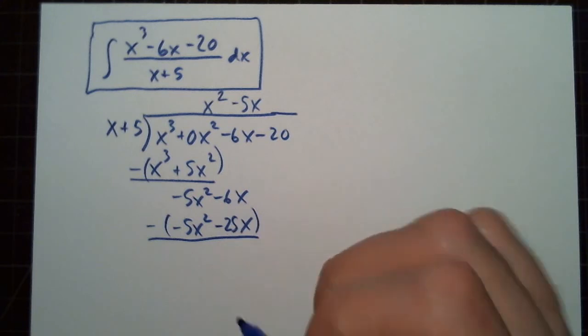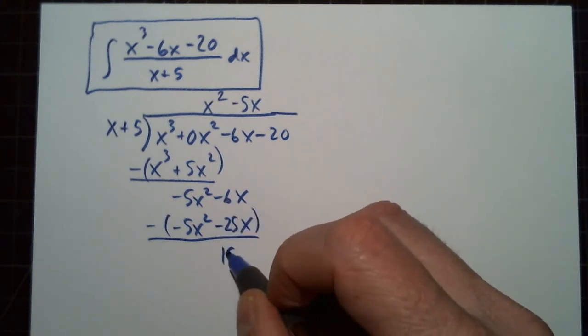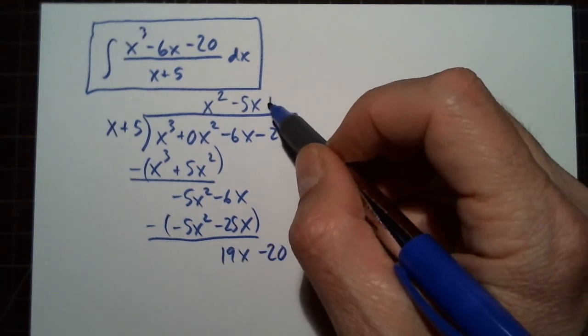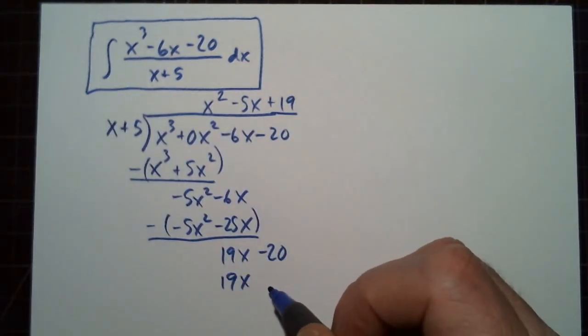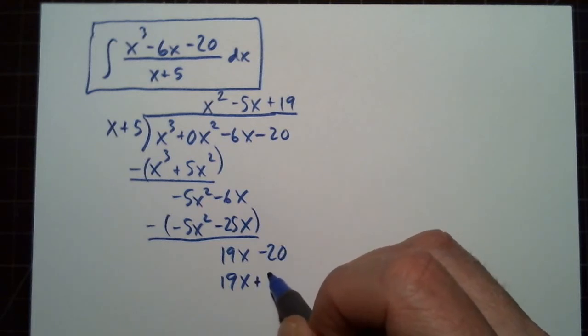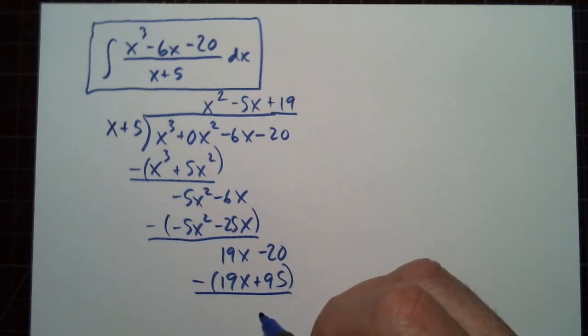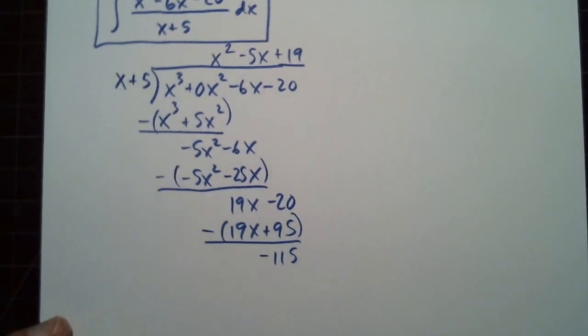So we're going to be adding that, and we have 19x. So we multiply by 19 times x to get 19x. 19 times 5, 95. Subtract. And there's the remainder.